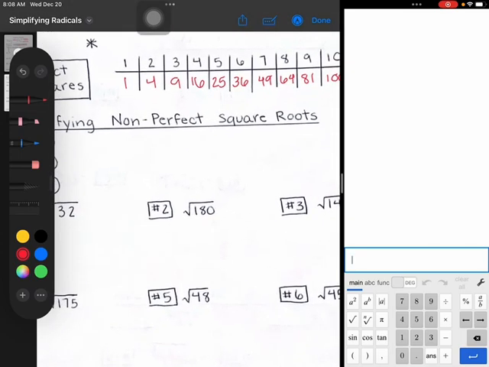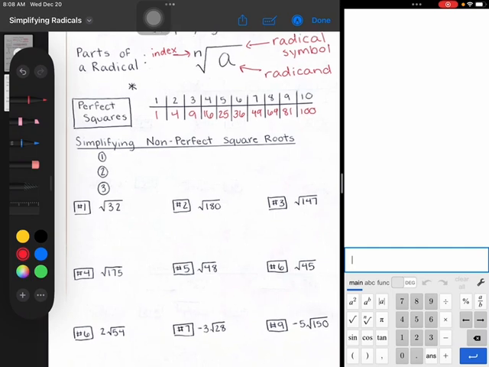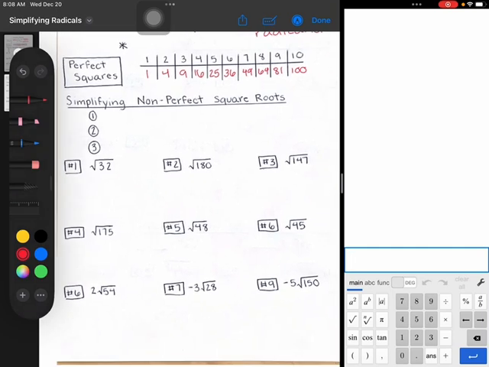And then when it comes to simplifying non-perfect square roots, right, because we can find the square root of 16 really easily. We know that that's just 4. But there's kind of 3 steps.